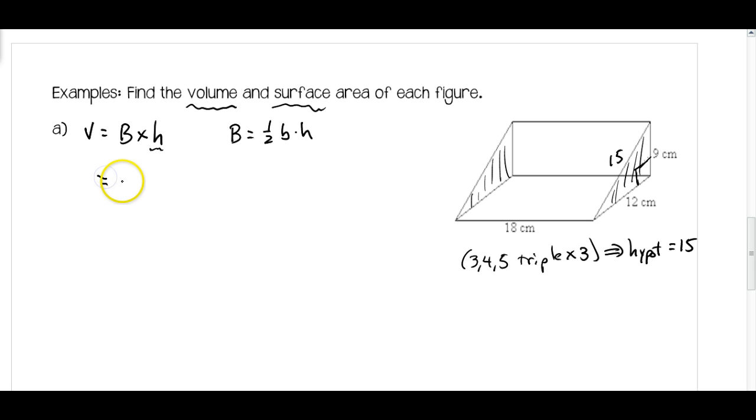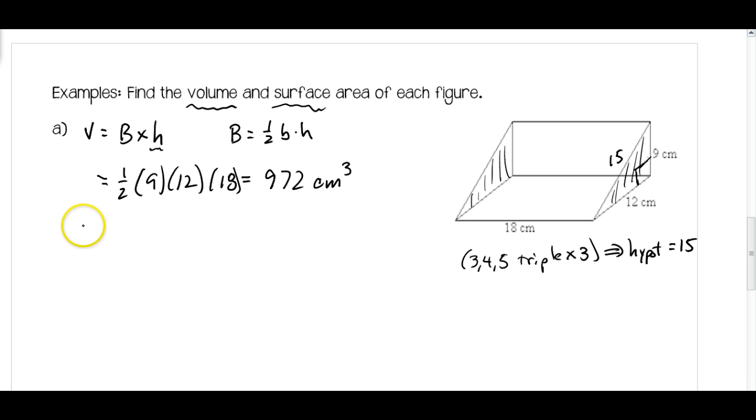Alright, so the area of the base is going to be 1/2 times 9 times 12, and then the height of the prism is 18, and that gives us 972, and our units for volume are going to be centimeters cubed.